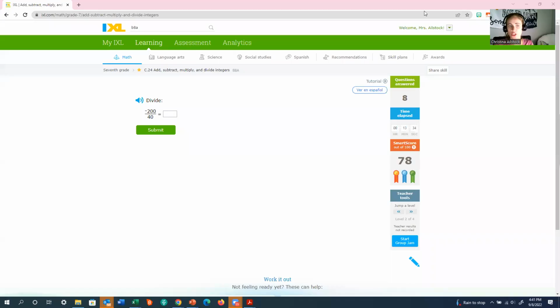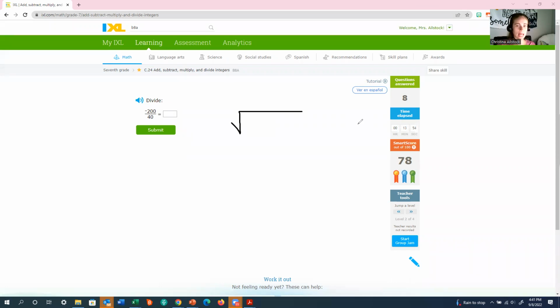All right, final problem here. We are being asked to divide negative 200 divided by 40. Fractions are one way that we could represent division. So we need to set this up and work on this long ways. So I'm going to set up my division bar here.